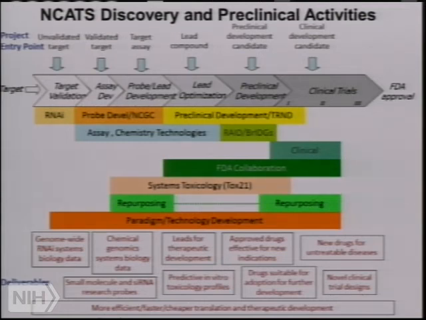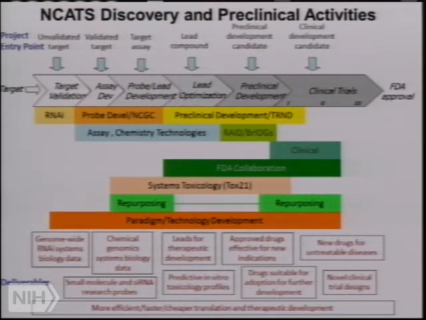So these are subject to various distinct programs within NCATS. For example, preclinical development is housed within the Therapeutics for Rare and Neglected Diseases program at NCATS. We're also conducting a lot of these repurposing screens, experiments, and on the extramural side, we're funding actual clinical trials that deal with drug repurposing.